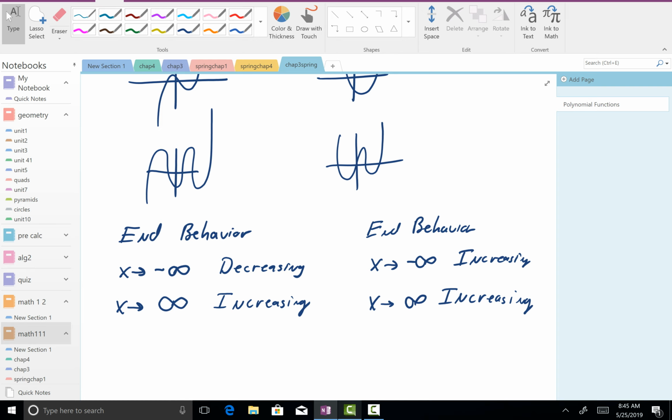So those are called multiplicities. In the case of the 2, it was called a double root because it's counting it twice. In this case, I don't think I've ever heard it called a fourth root. Most of the time they just talk about its multiplicity. It has a multiplicity of 4 there.